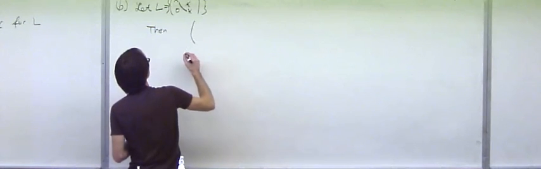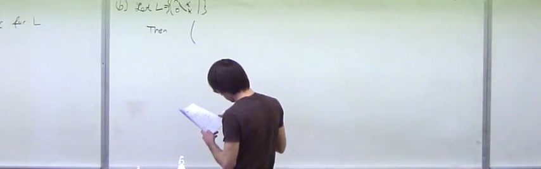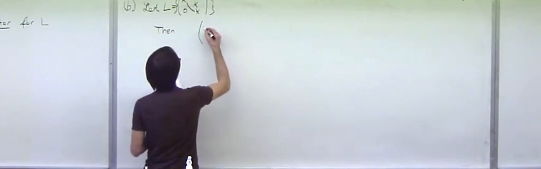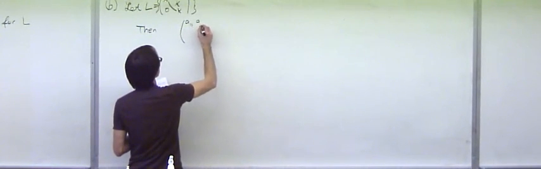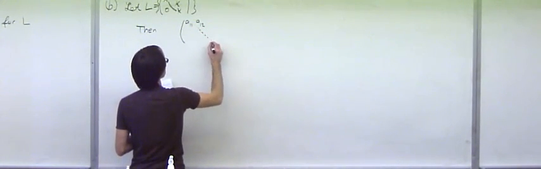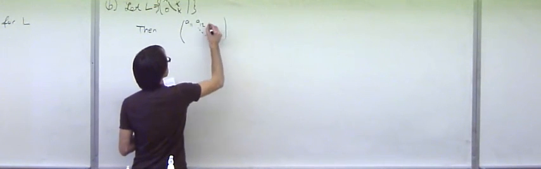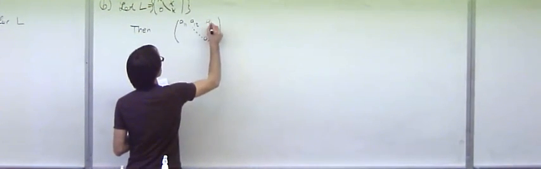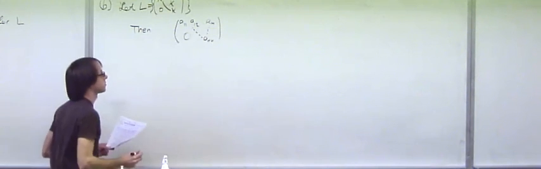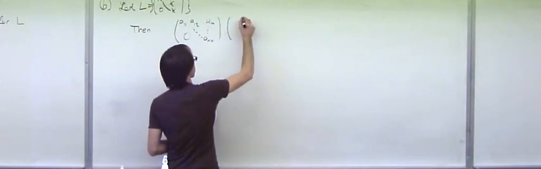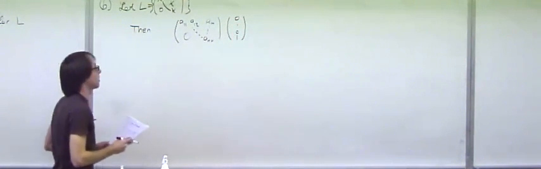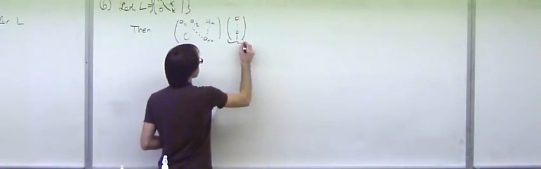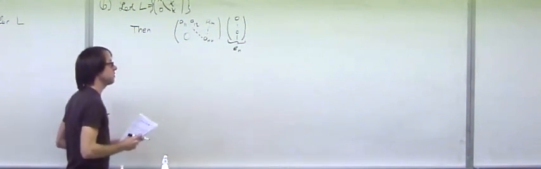So let's just check it. I've taken an arbitrary matrix A11, A12, and so on, ANN, A1n. They're all zeros. I multiply this with an En vector.